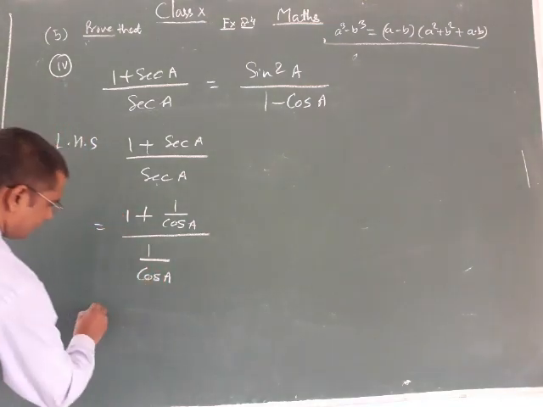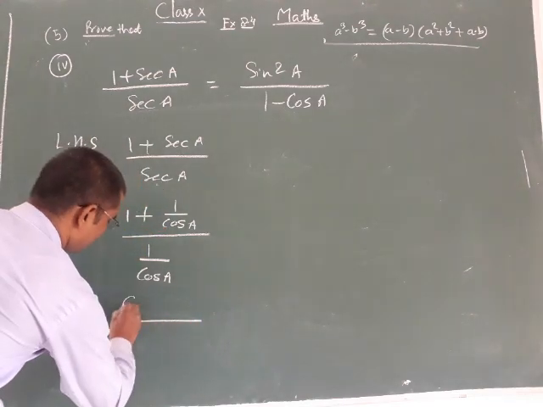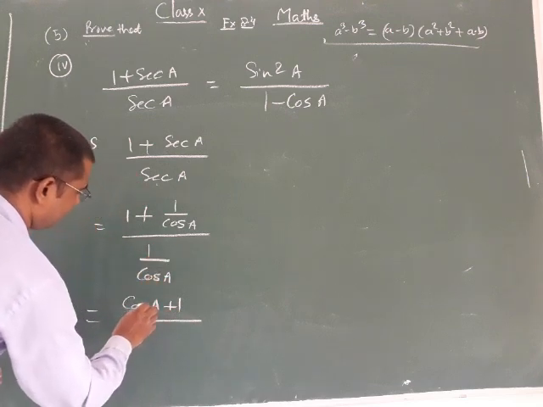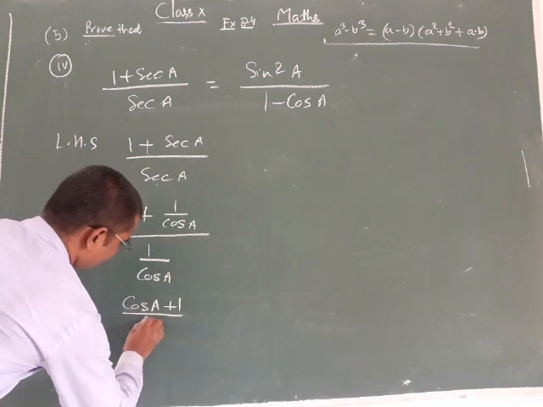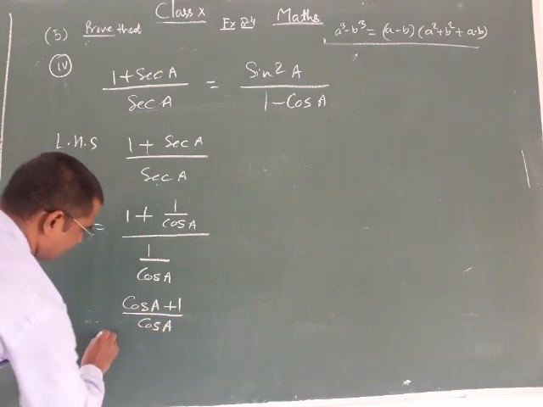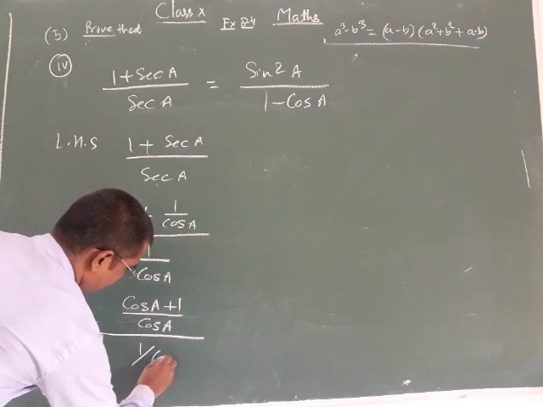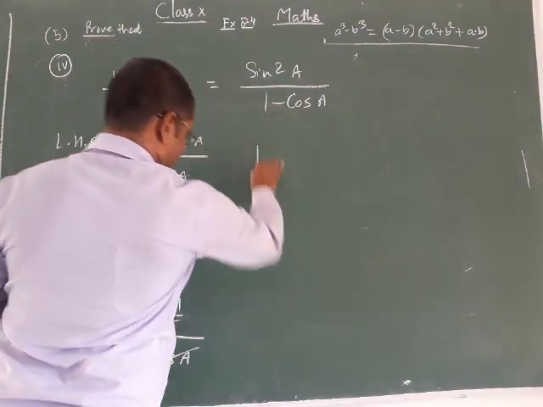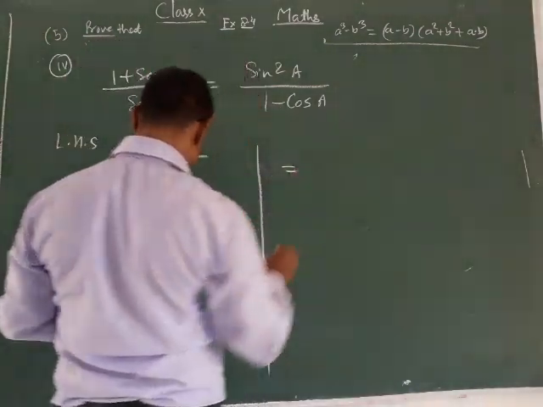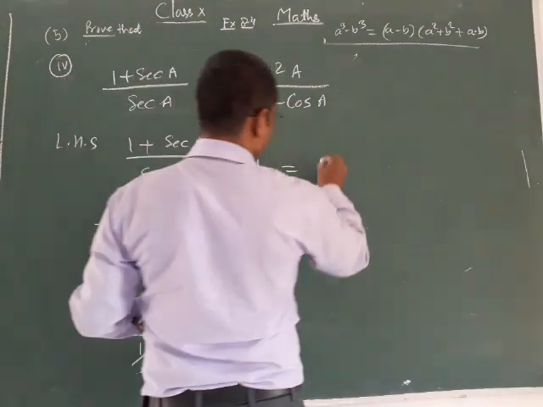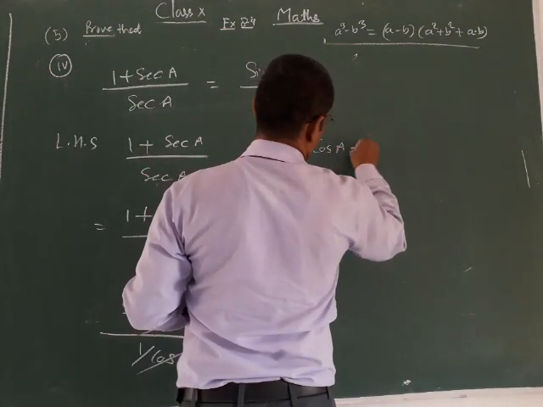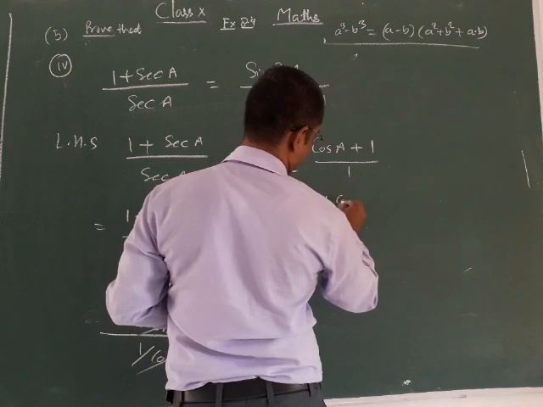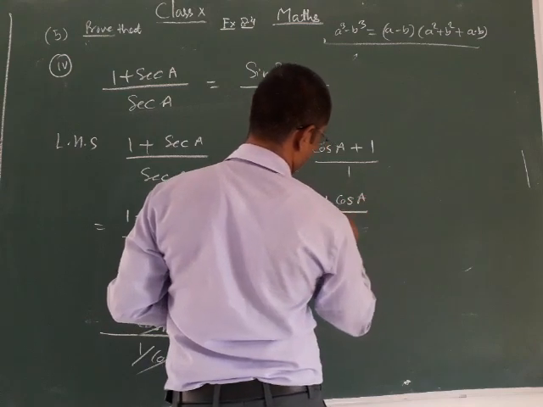Also taking LCM, cos a plus 1 upon cos a, upon 1 upon cos a. So cos a cancels out.